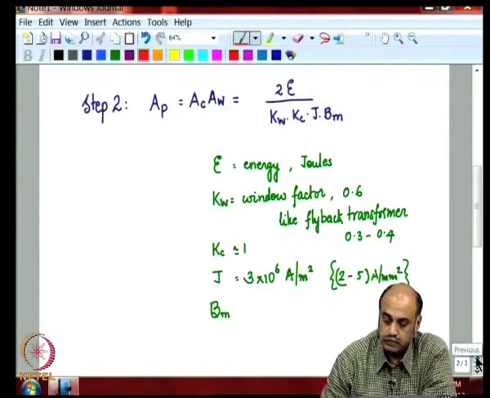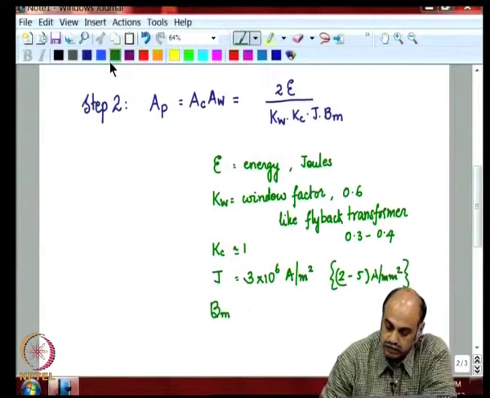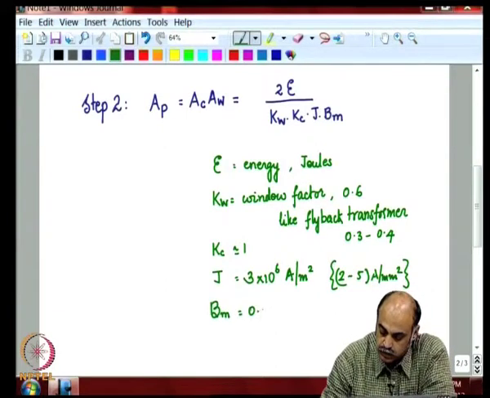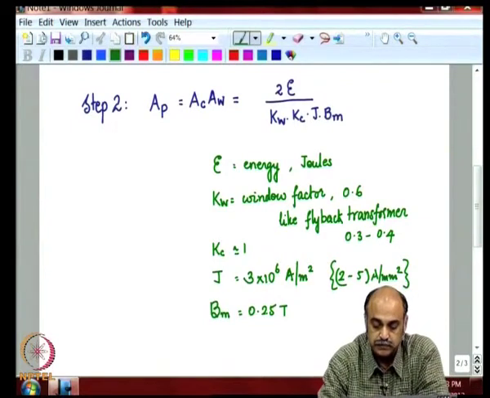So, coming back, Bm is about 0.25 Tesla for the inductors.